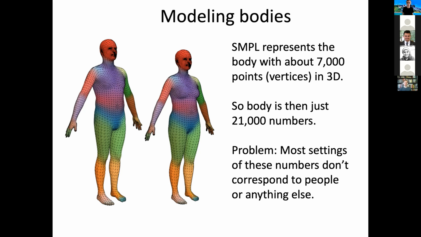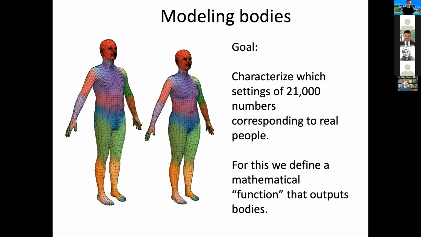The problem is most settings of 21,000 numbers don't correspond to anything in particular, certainly not people. So the whole game here is to characterize which settings of 21,000 numbers correspond to real people. That is, we want a function that takes in low-dimensional pose and shape parameters and outputs 21,000 numbers that correspond always to a real body.